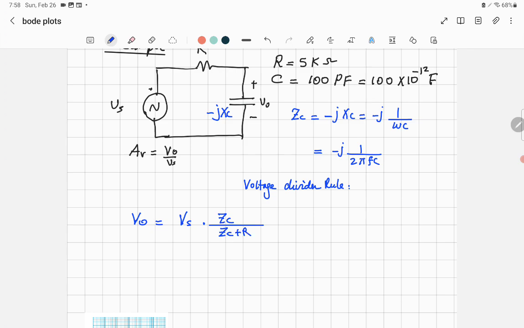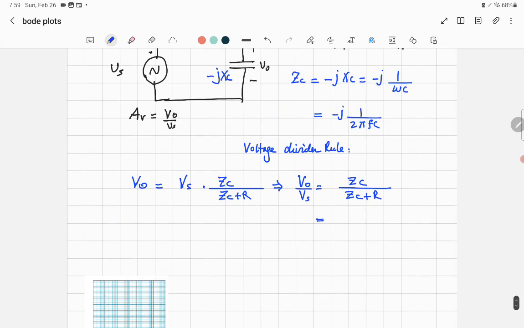Now you want to find the output voltage over the input voltage, which will be equal to ZC over ZC plus R. I will divide the top and the bottom by ZC. Let me do it in steps so you'll understand.